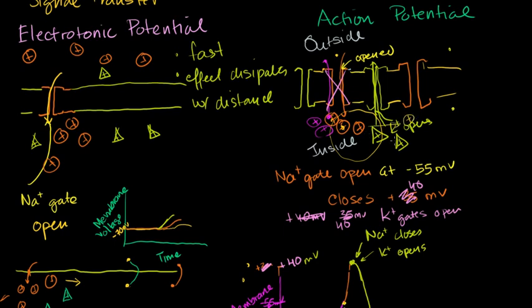These positive charges are going to go where it's less positive. This was at minus 70, but it's going to become more positive. It'll go to minus 65, minus 60, minus 55, and then bam, this guy will get triggered again. Then this guy gets opened, sodium floods in through here.